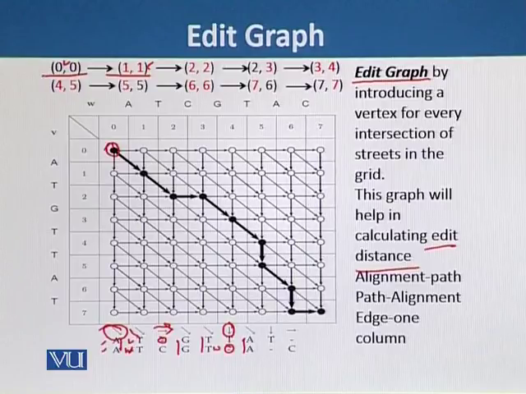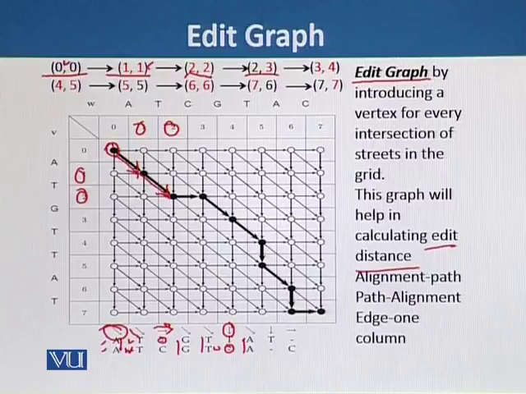So we will start from 0 0. The first is 1 1, so it means that both of the alphabets are identical, so we will use the diagonal arrow, 1 and 1. The next is 2 2, so we will again use the diagonal arrow because they are identical alphabets.